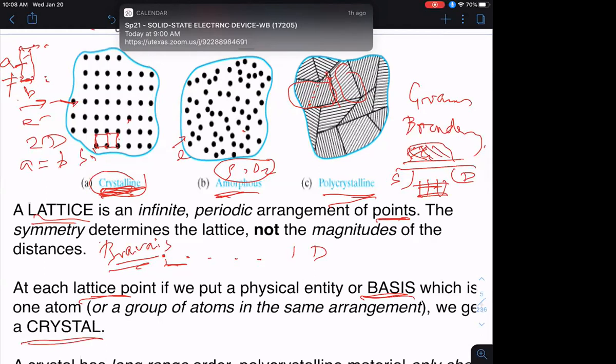So you first construct this mathematical arrangement of points in space, periodic arrangement, and then at each of these lattice points, you put in an atom, which is called a basis, and that's how you end up with a crystal. Now, what makes life a little bit complicated is this basis may be a single atom, as shown in this example, or it could be a group of atoms.